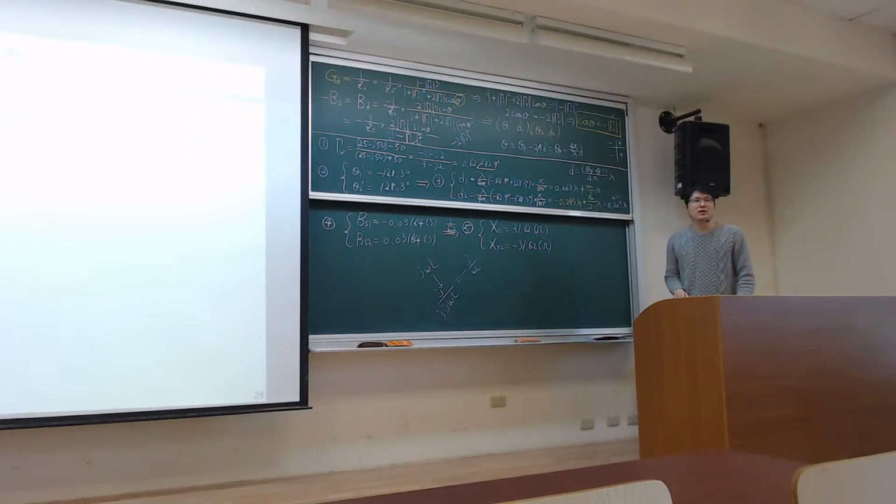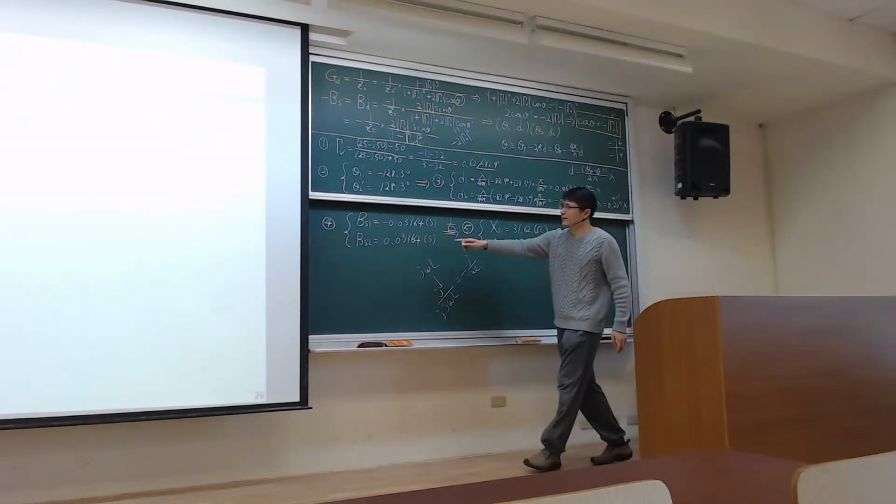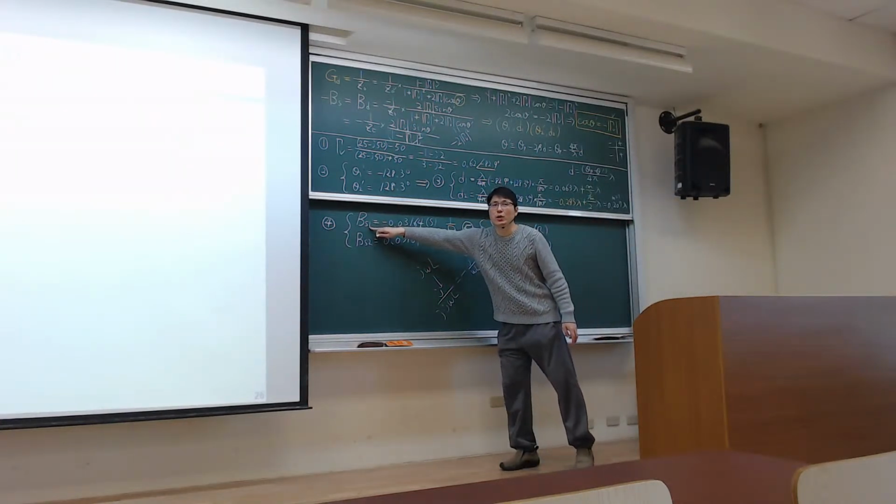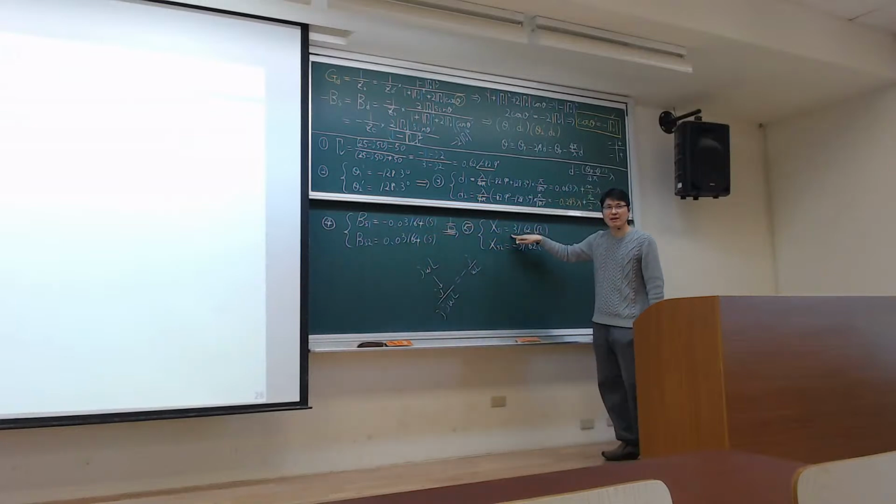So remember, these are particular tricks in dealing with complex numbers. The imaginary part would flip sign when you invert it. So a negative value of B would give you a positive value of X.